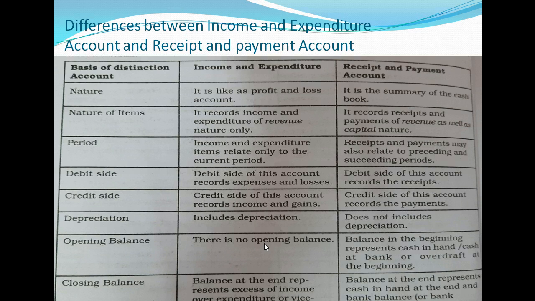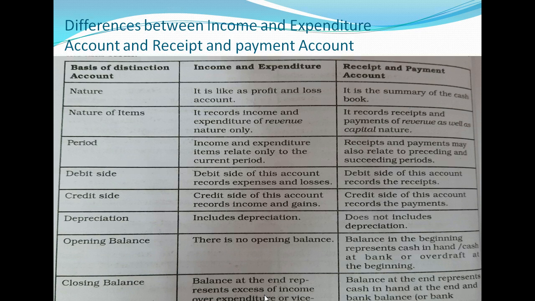In case of income and expenditure account, there is no opening balance. It will not start with an opening balance, whereas receipts and payments account usually begins with an opening balance, balance of cash in hand or cash at bank, or sometimes maybe an overdraft at the beginning.